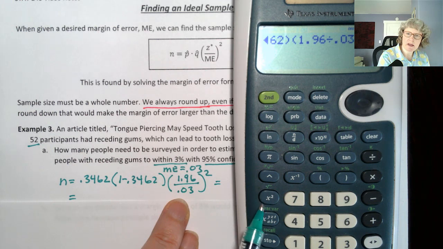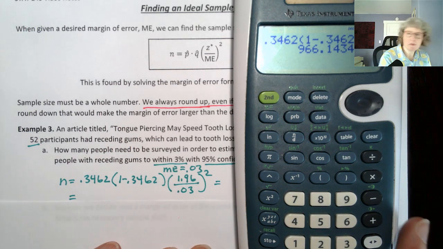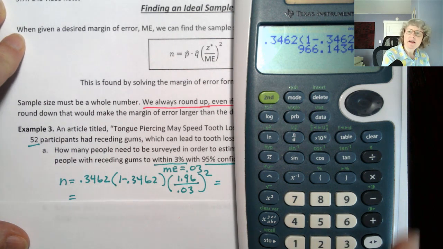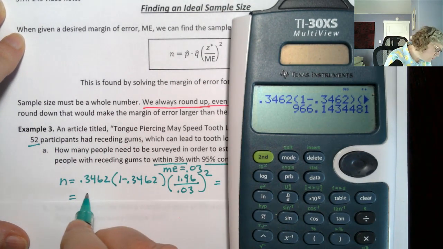I don't have to do second or anything. Now what's great is in this order of operations, it's really 3 things multiplied and a square. So we don't need any additional parentheses, we've got enough already. We don't need anything more than what we have. Okay, so that came out to be 966.14.